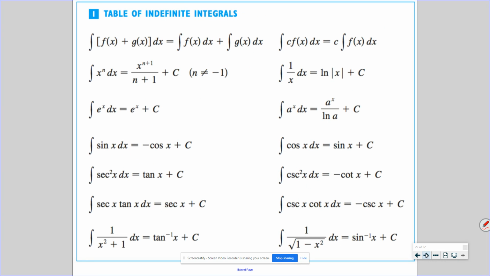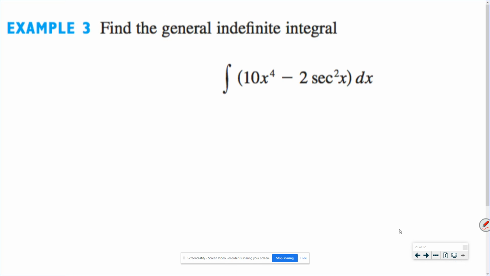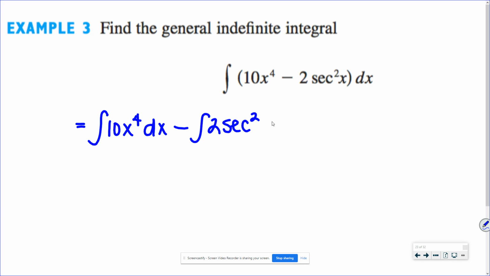antiderivative. Here's your little cheat sheet, your table of values. You can use this to refer back to as we go through the next couple of examples. I'm going to use a couple properties that were introduced in the last lesson. The first property allows us, in an indefinite integral or a definite integral, to break up any sum or difference, so I'm going to do that.